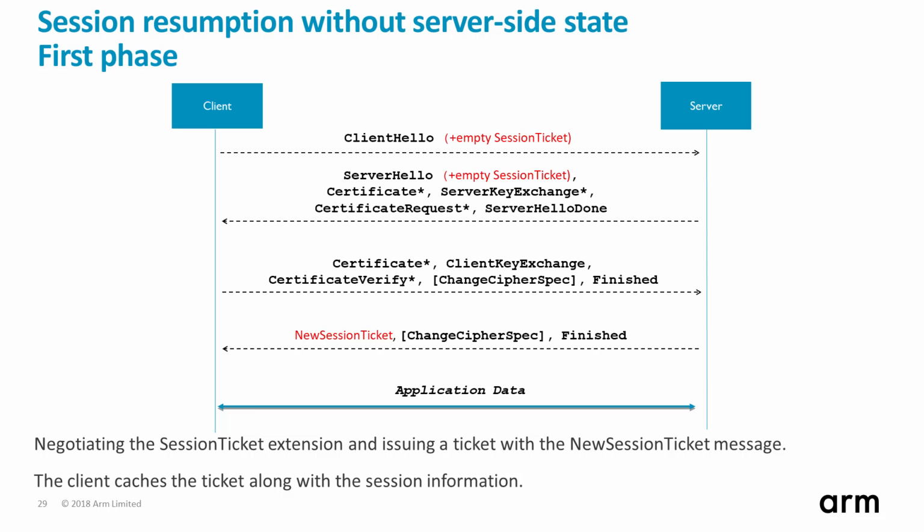The client starts by indicating support for this extension in the client hello with an empty session ticket. Then the server hello, when it supports this extension and also wants to use it, returns the session ticket extension, also empty, and later includes the new session ticket message in the exchange.